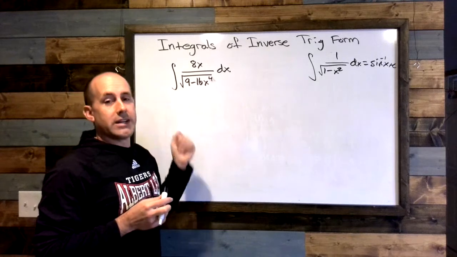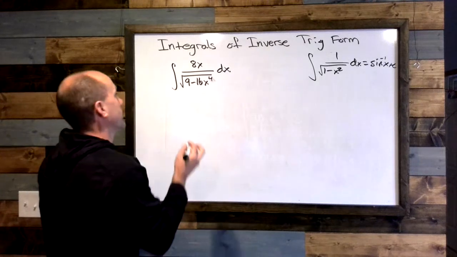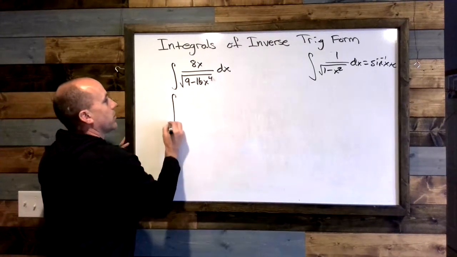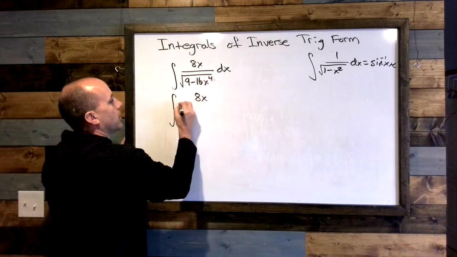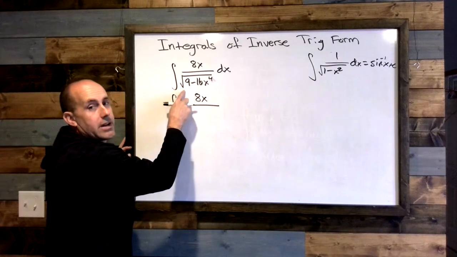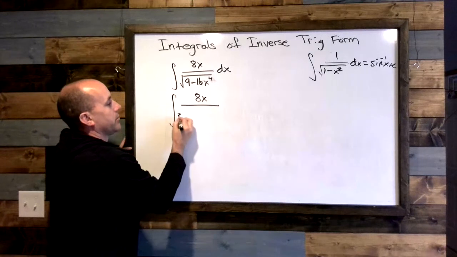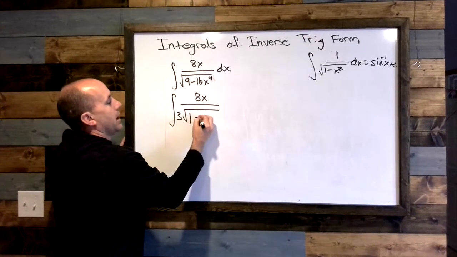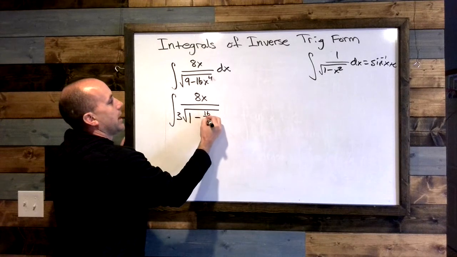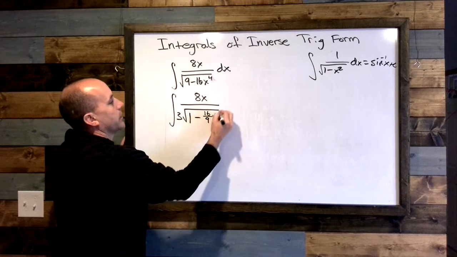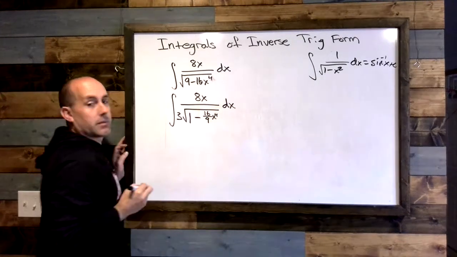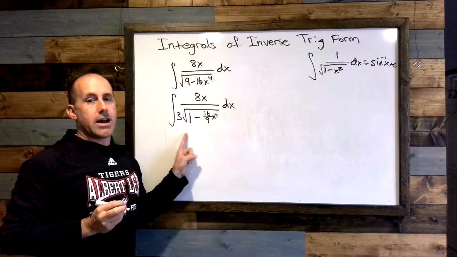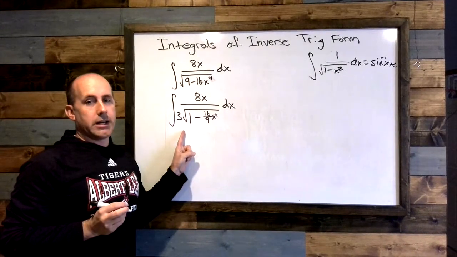So we're going to factor a 9 out of the square root. And so we get the integral of 8x over, when you factor a 9 out of the square root, it becomes a 3. You'll be left with a 1 minus 16 over 9 x to the fourth. So again, I factored that 9 out. It became a 3.